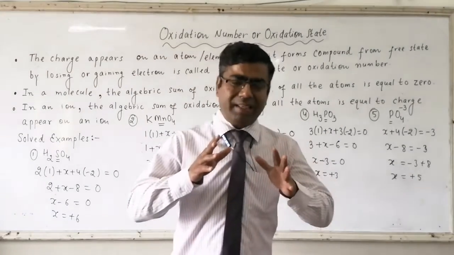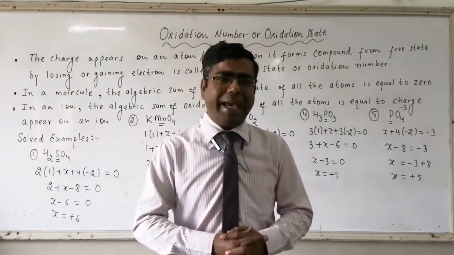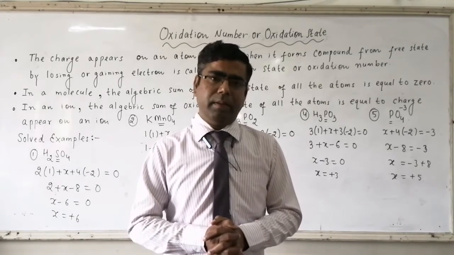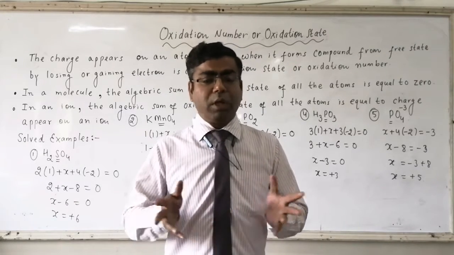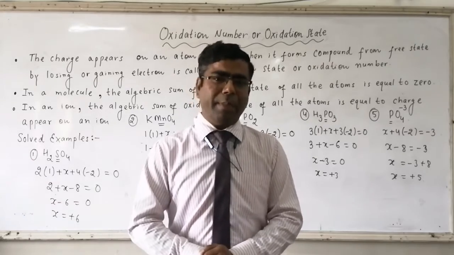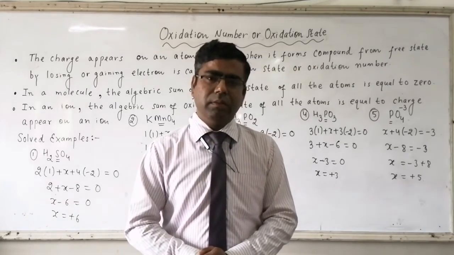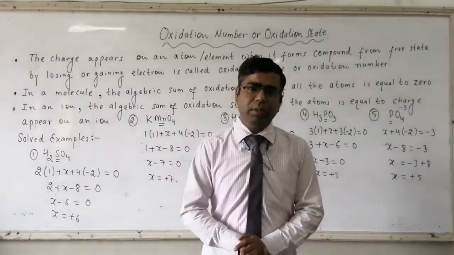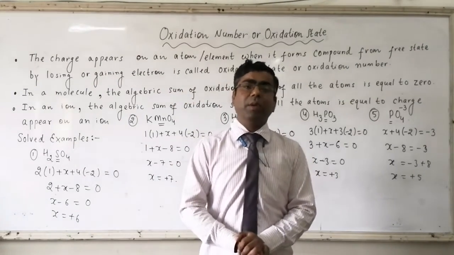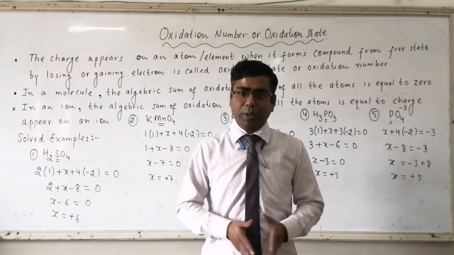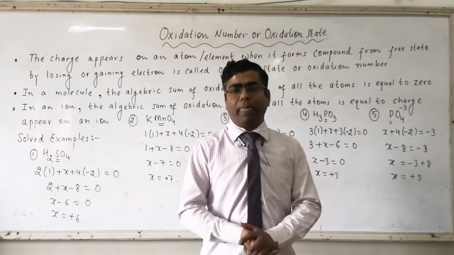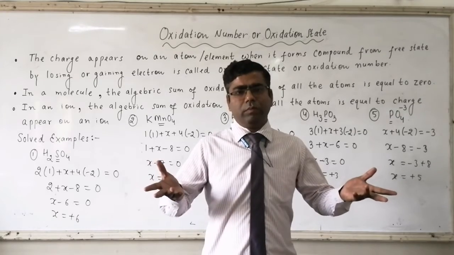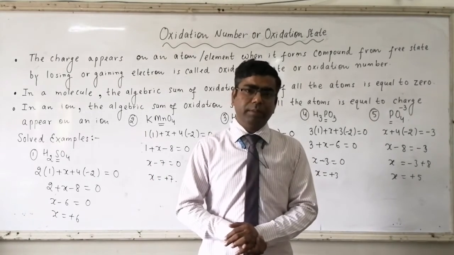the maximum oxidation state which can be exhibited by any atom is always equal to its group number. Like if we talk about group 1 elements, alkali metals, lithium, sodium, potassium, rubidium, cesium, francium, then their maximum oxidation state will be +1 because they have only one electron, so they can lose only one electron.